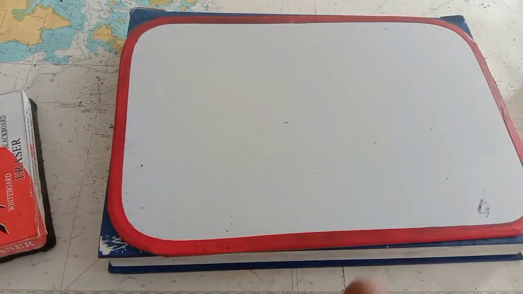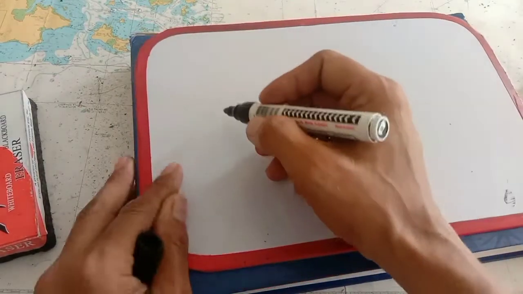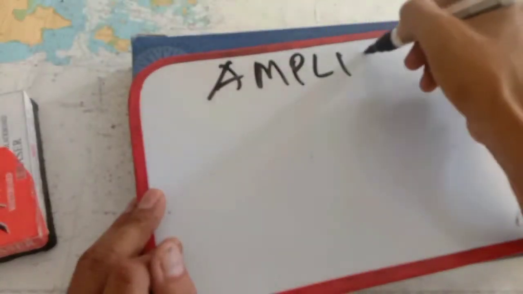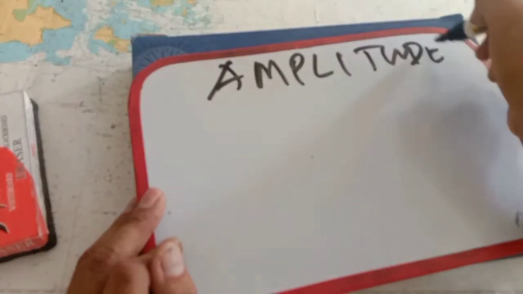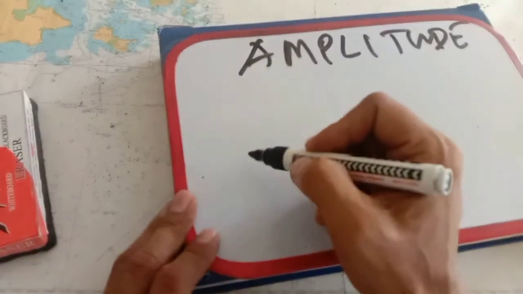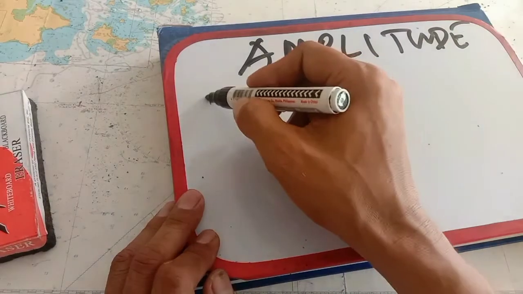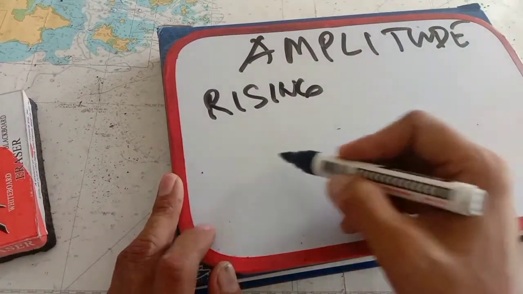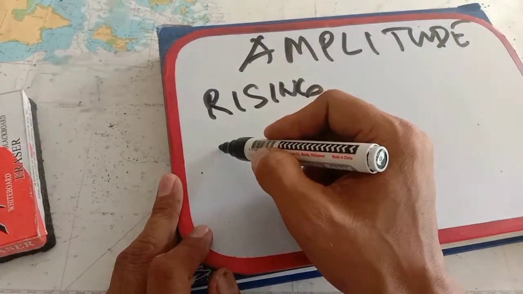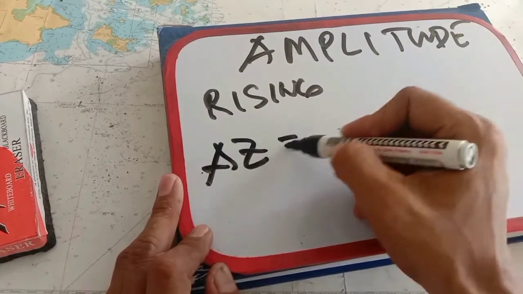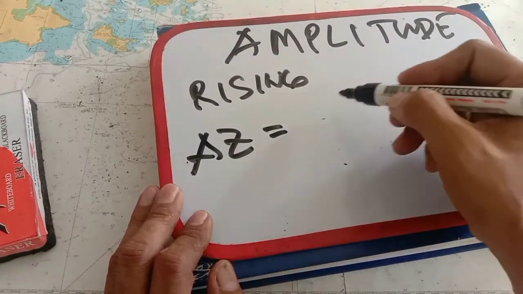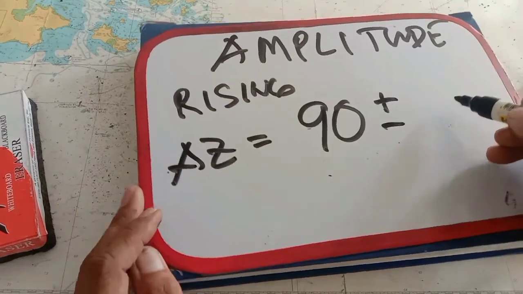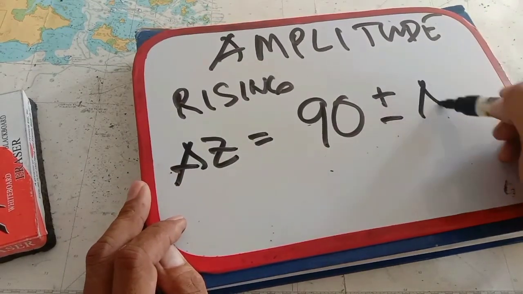Just always remember that in the amplitude method, if rising, the true azimuth is equal to 90 degrees plus or minus the amplitude.